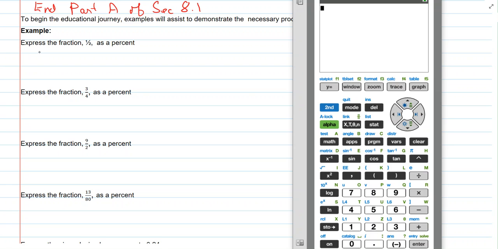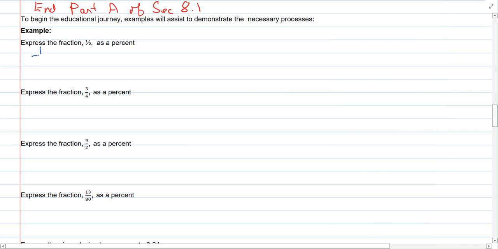Our first step is to recognize that I have a 1/2, which is my numerator, over the denominator. And what I'm going to do with this is say that is undone division. So it's 1 divided by 2 times the 100, and then add the percent symbol.